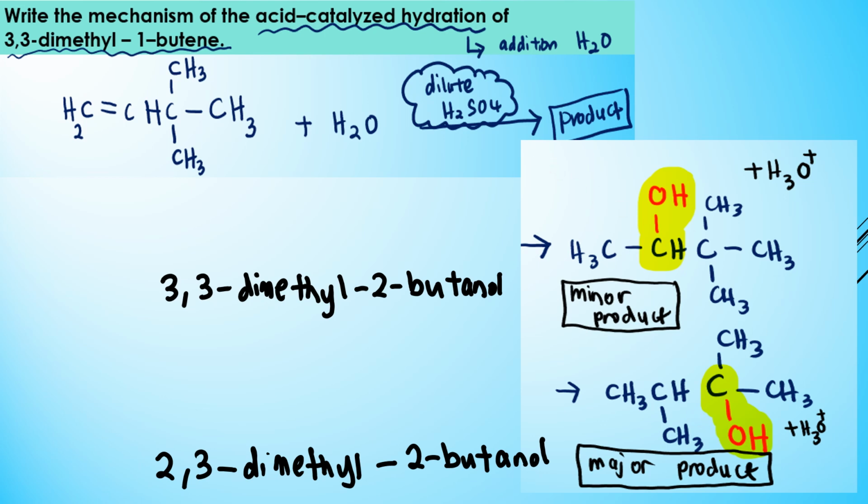Sebenarnya, rearrangement ni dua-dua boleh berlaku. Mungkin juga hydration soalan periksa keluar 1,2 hydride shift. Hydrohalogenation dia keluar 1,2 methanide shift. Tapi konsep dia sama. Kita akan bergerakkan dia bila ada more stable carbocation is formed. Kalau tak ada pembentukan karbokation yang lebih stabil, tak perlu buat rearrangement. Itu sahaja.